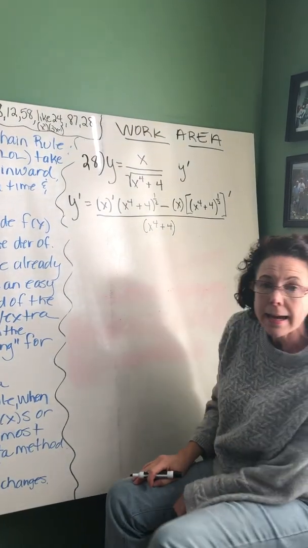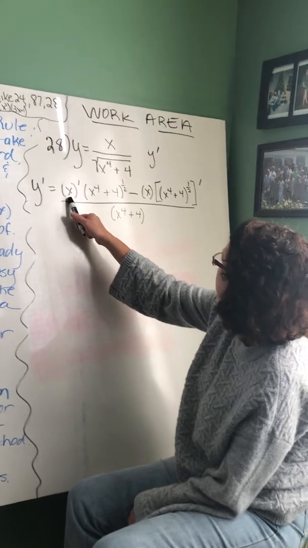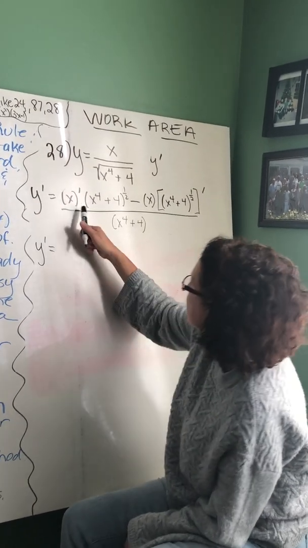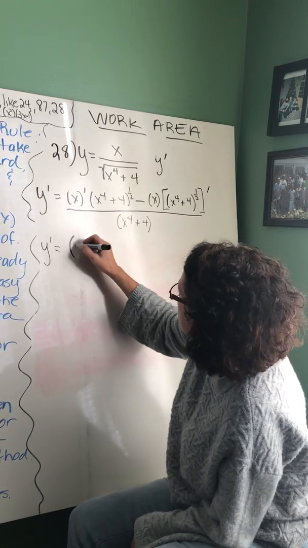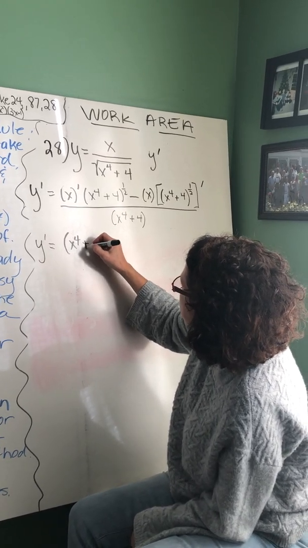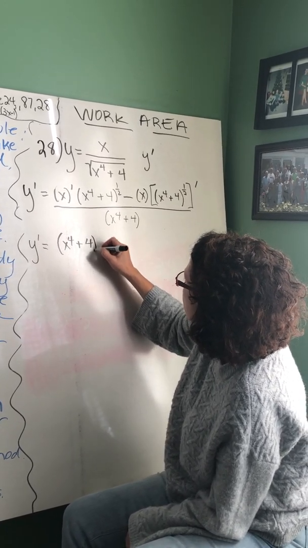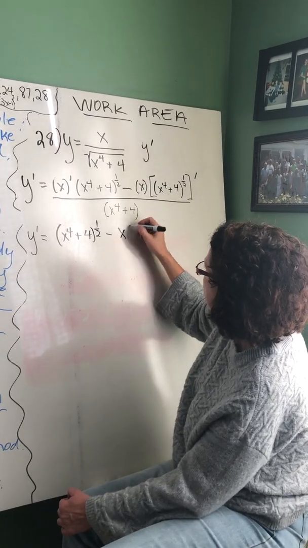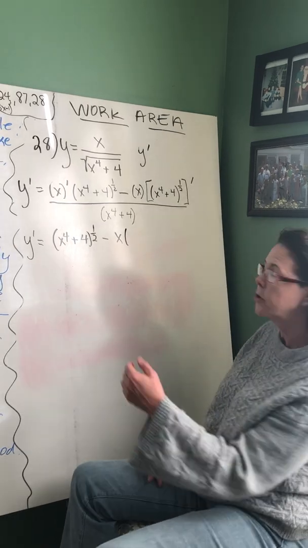Okay, let's go through a second time and let's take the derivative here and here. Of course, the derivative of x is 1. So I'm just left with x to the 4th plus 4 to the 1/2 minus, I'm going to keep my x. Okay, let's be careful here. Composed function.